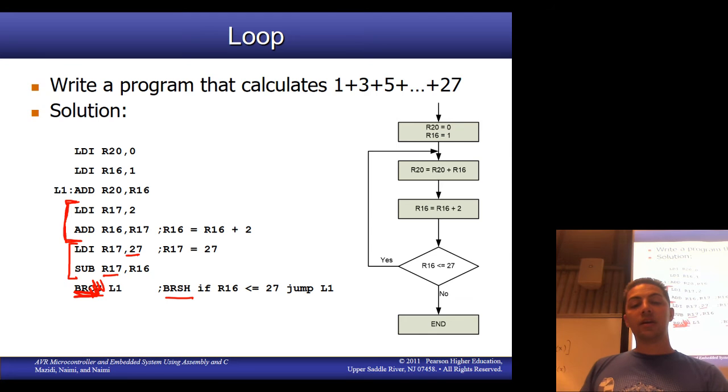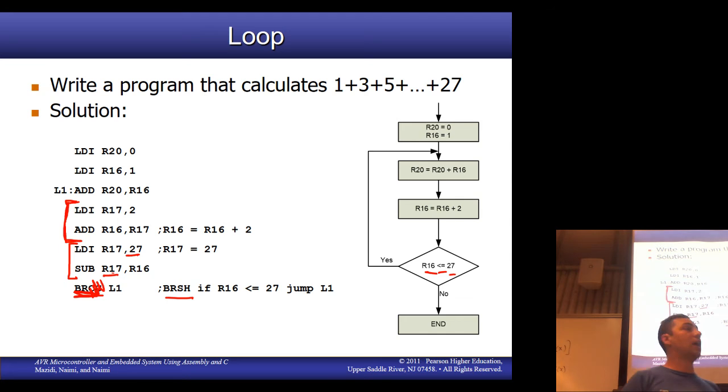So we're saying, while R16 is less than or equal to 27, so our test is 27 greater than or equal to R16. So it is possible to count up. Obviously, it takes a few less statements to count down because 0 is automatic. A decrement automatically gets us to 0.